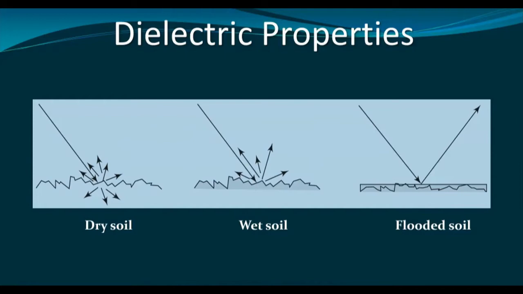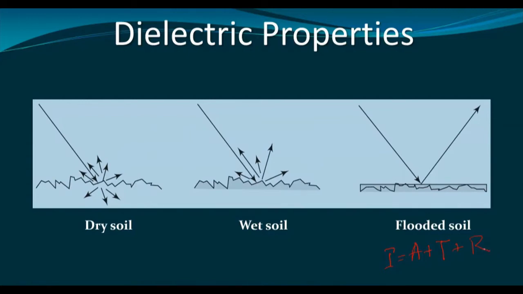And as we know, the total incident energy I is equal to absorbed energy by the terrain plus transmitted energy through the terrain plus reflected or backscattered energy.